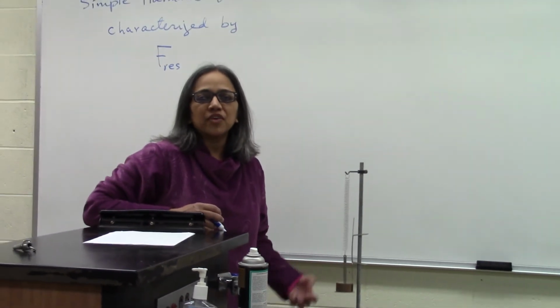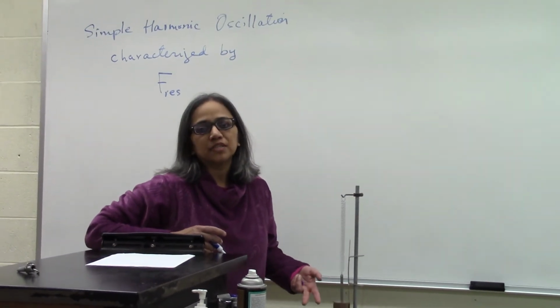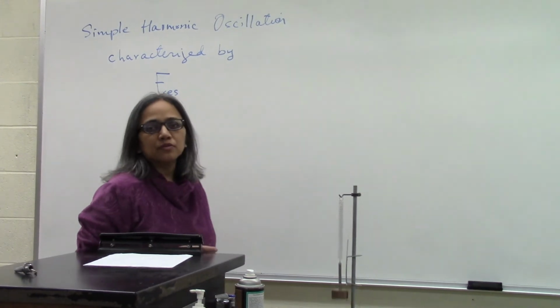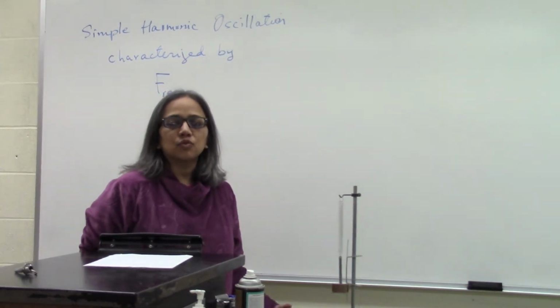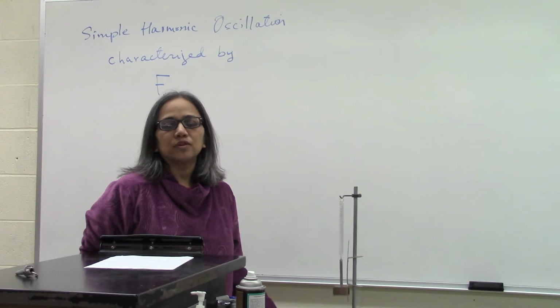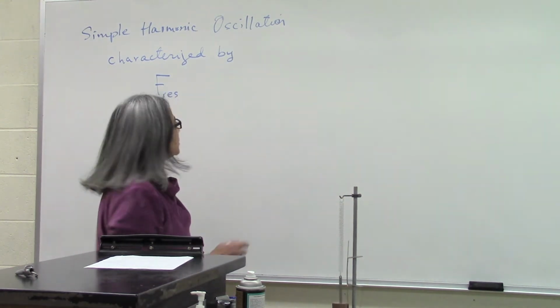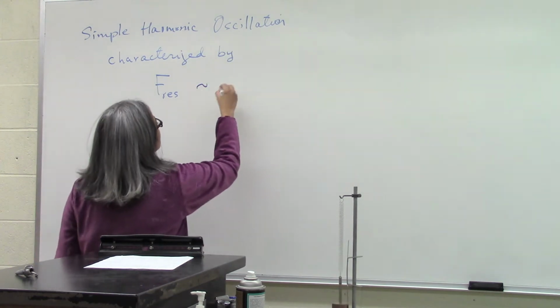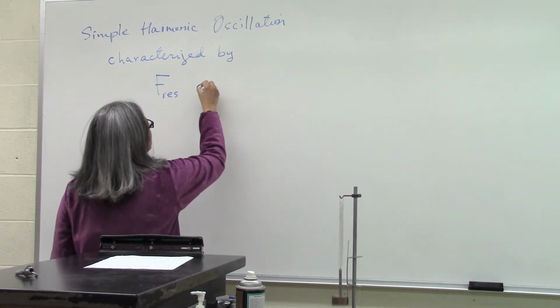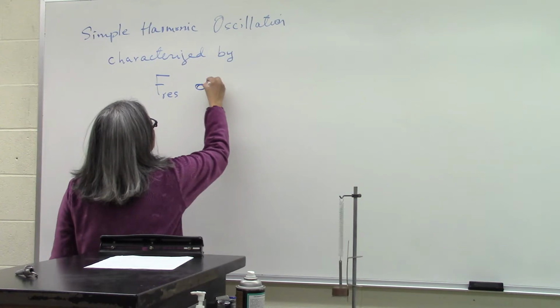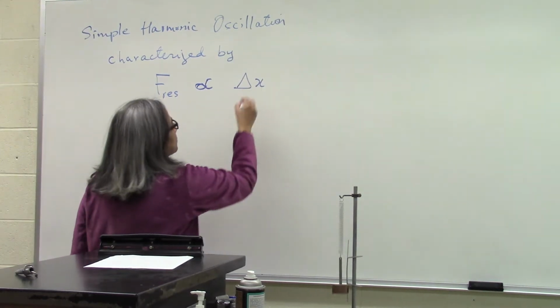So the restoring force of an oscillating system can have any kind of dependence on the displacement. It could depend on the displacement as a square of the displacement, a square root, a cosine, a sine, and so on. But the simplest case obviously is when this is a linear function of the displacement. So it's proportional to the displacement in the first power.